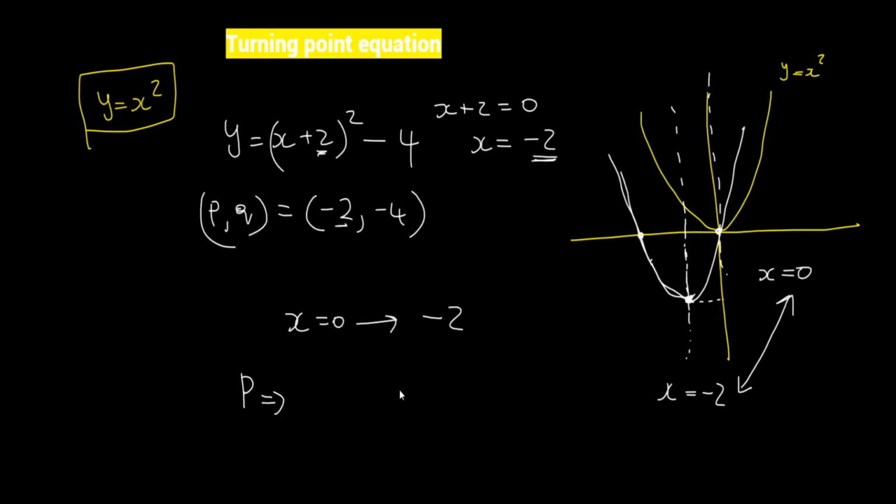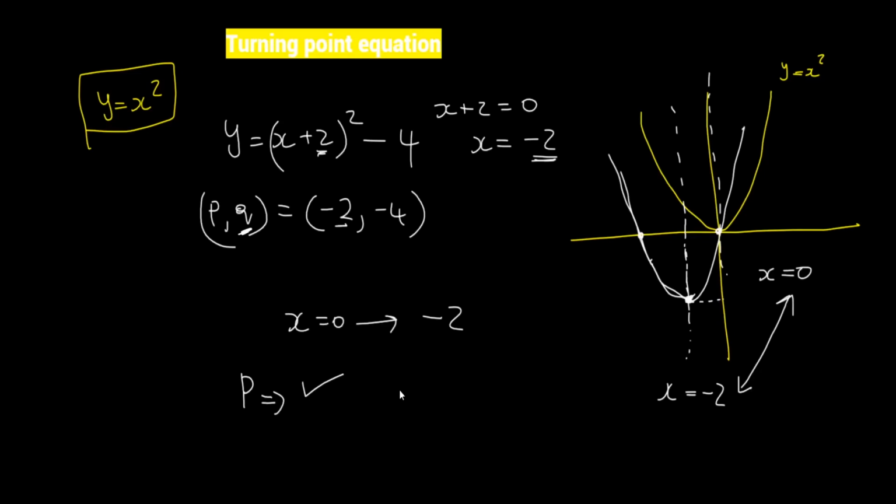If it's negative, in this case, it's going to shift to the left. And if it's positive, it's going to shift to the right. So p is responsible for horizontal translation. Even though it is a value of a turning point, it is also responsible for shifting your graph horizontally, to the left or to the right.